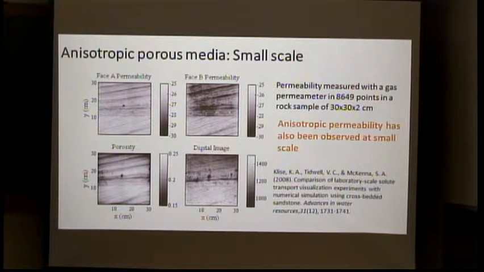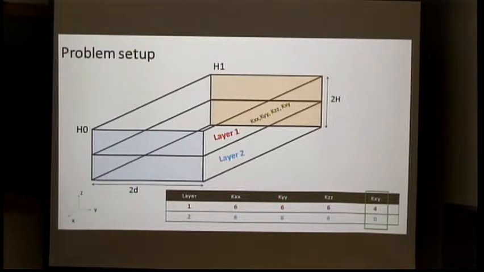So thinking on that, we went and started playing with this very simple model. It's a two-layer model where in the second layer, you only have isotropic hydraulic conductivity, only the main components of the tensor. But in the first layer, you assume that it is anisotropic, and given that the principal axes are rotated with respect to this coordinate system, you get some off-diagonal terms.